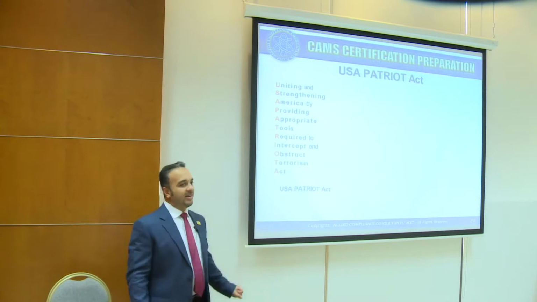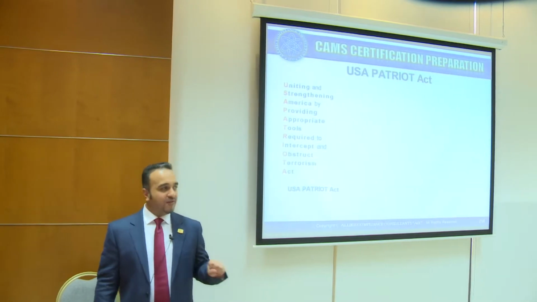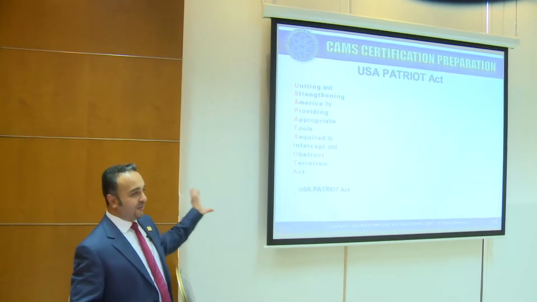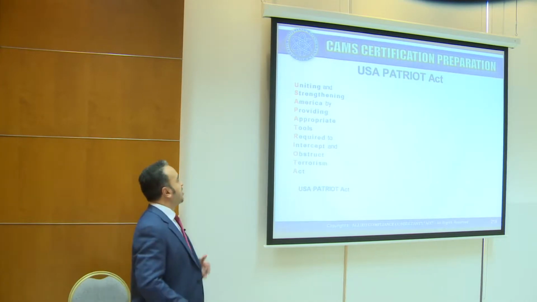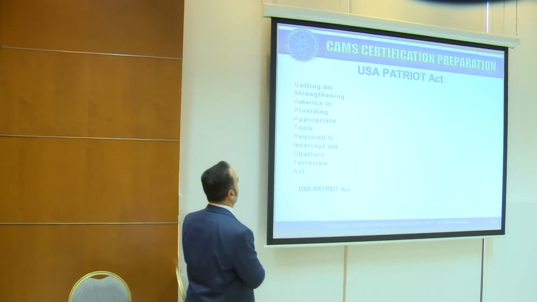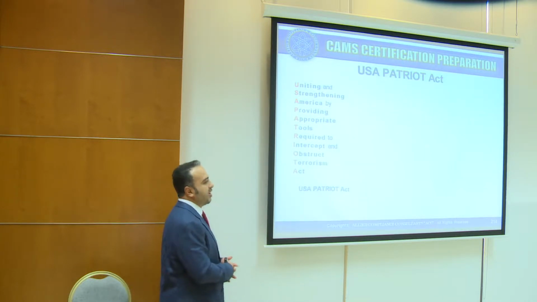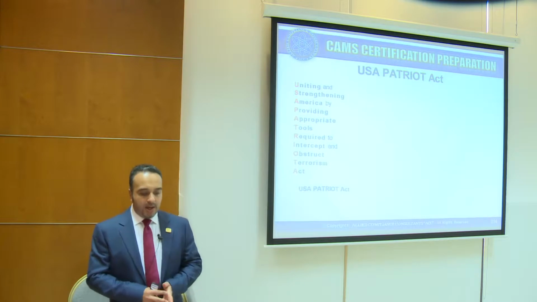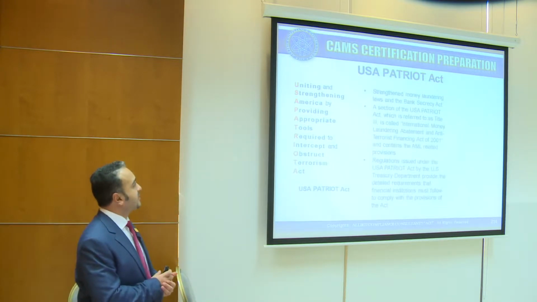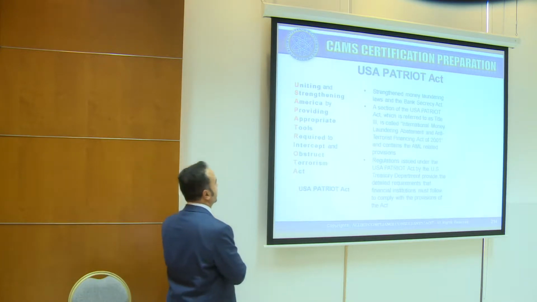Okay, so the main objective of the law is actually from that long form, which is uniting and strengthening U.S. by providing appropriate tools required to intercept and obstruct terrorist activity. It strengthened money laundering laws and the Bank Secrecy Act.